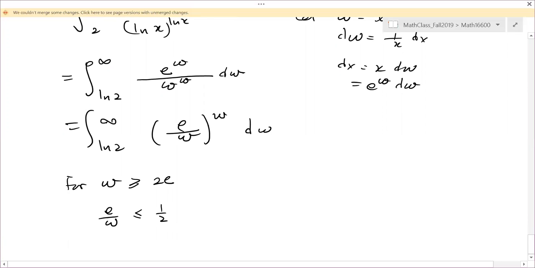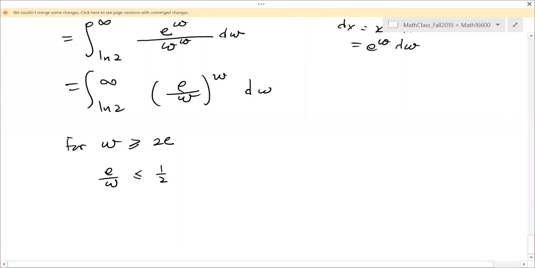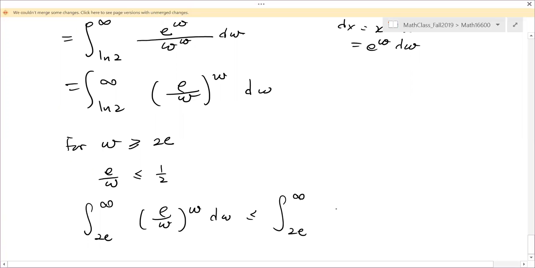So the integral of e to the w is less than or equal to 2e and 1/2 to the w. This is finite, and this is convergent.